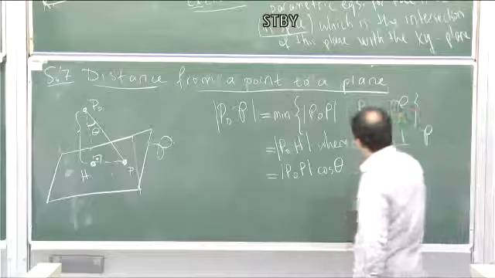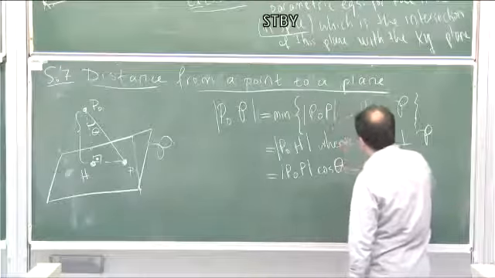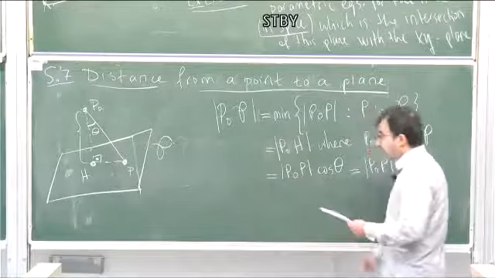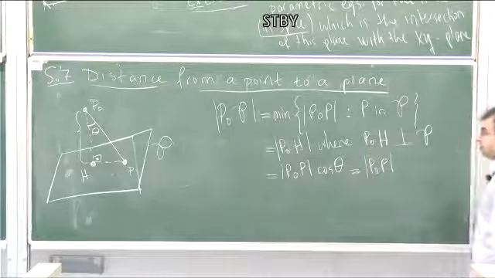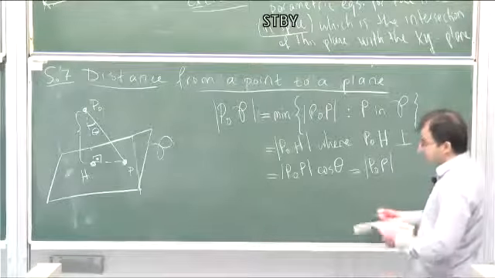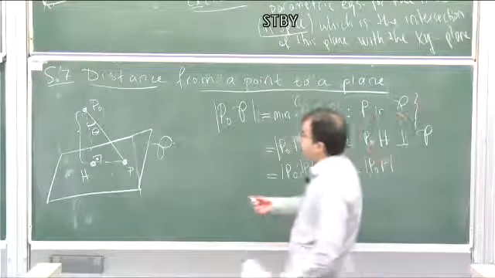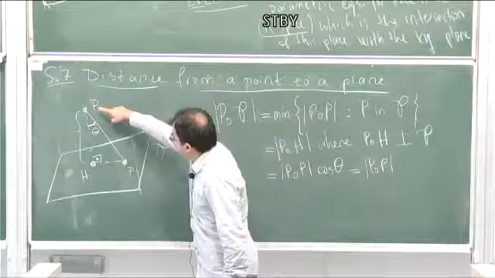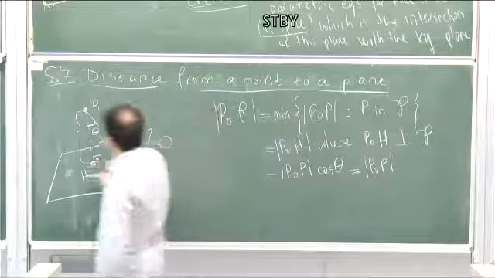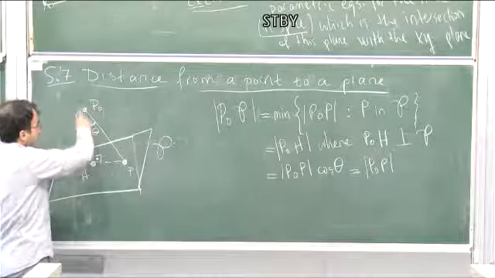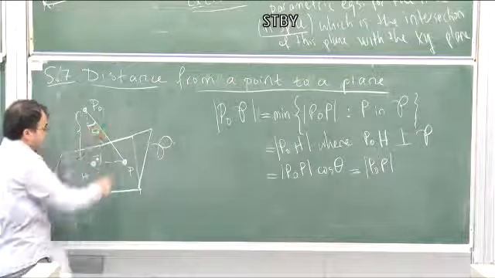Now the good thing is that I can write this cosine theta easily. How can I write it easily? You see, this theta is the angle between this vertical perpendicular direction and this vector.